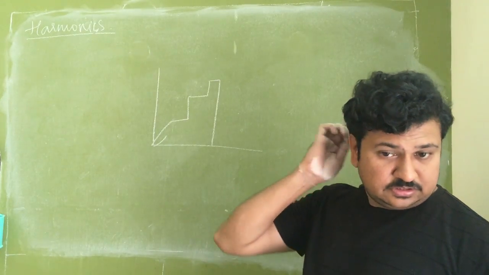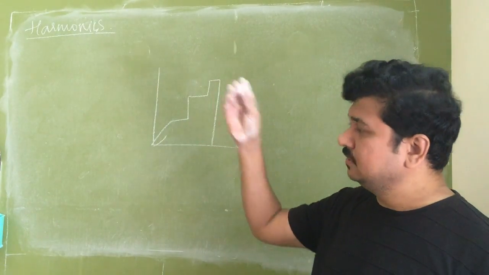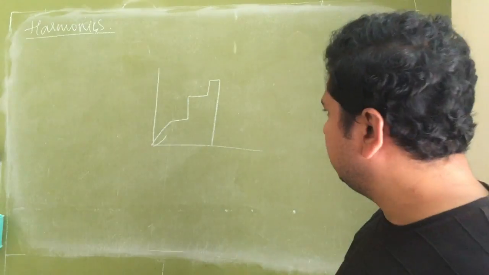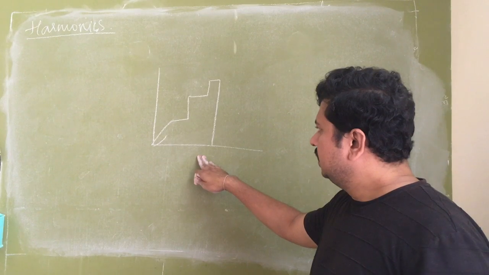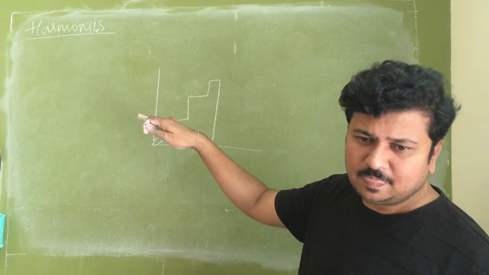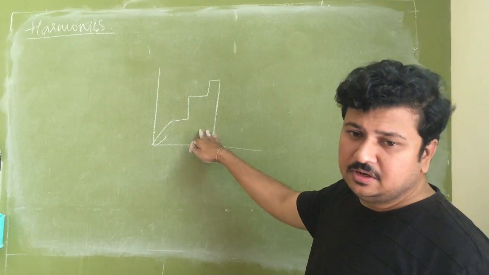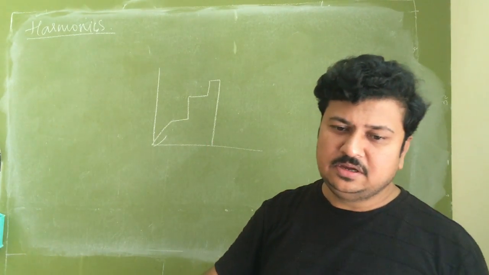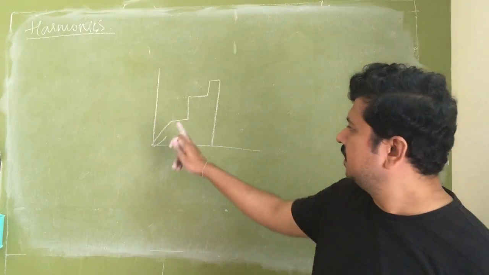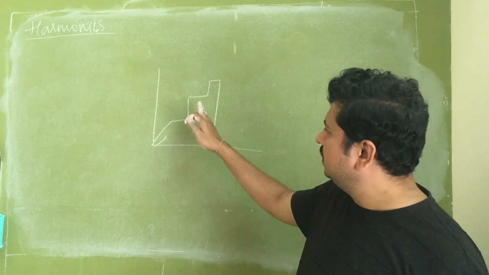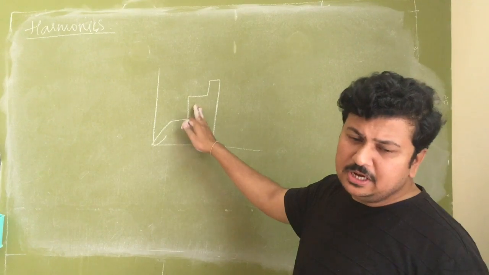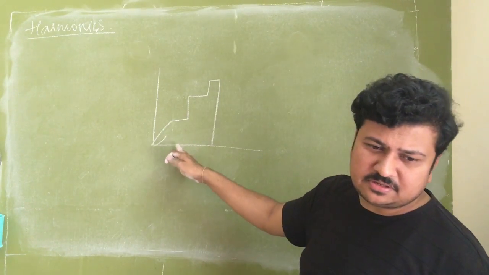Okay, so coming back to what harmonics mean, in the signals you have calculated, the components of the signal were not resembling the actual signal. If you calculate the odd component of this function, it may not resemble the shape of the function.